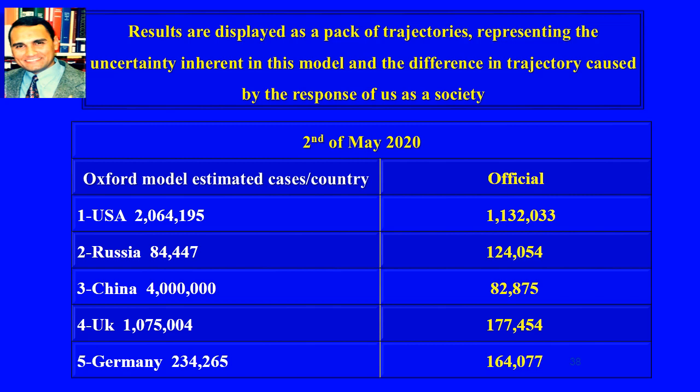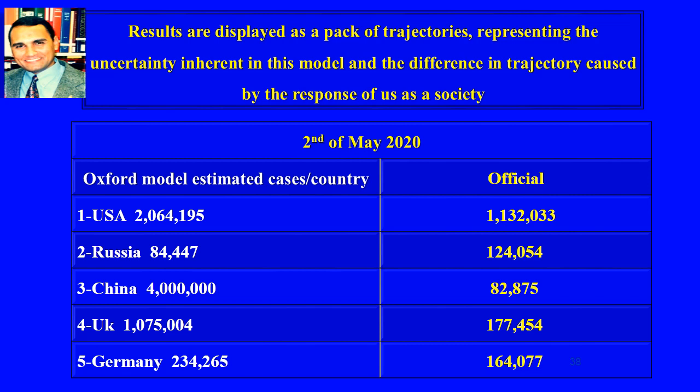This model expects that on the second day of May 2020, the USA will have around 2 million people infected, but the official number is about 1,132,000, lower by about 1 million than the Oxford model estimated.